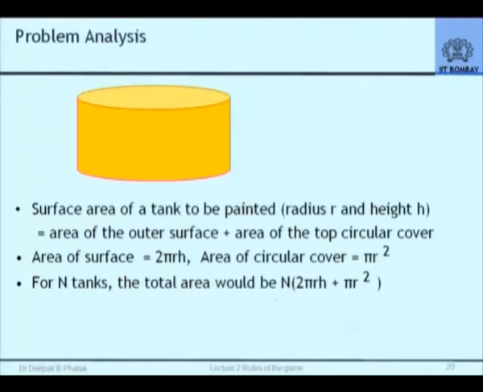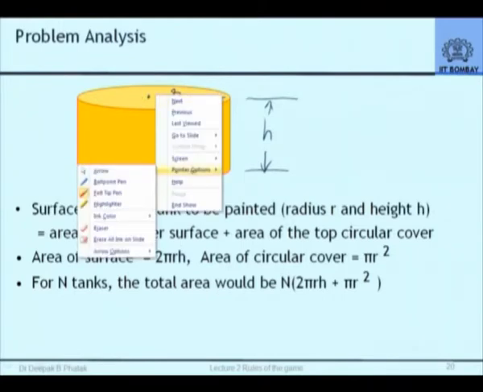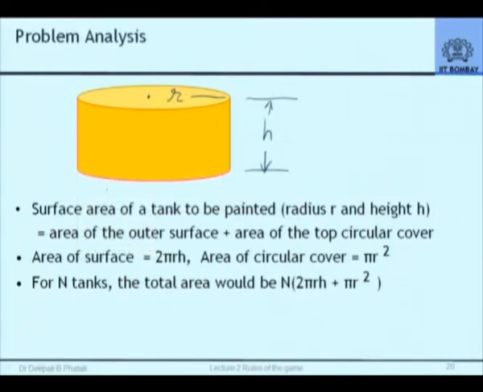You will say, I have a cylinder. I have many cylinders, but all are similar, so I will have one cylinder. Now, this cylinder has a height h. And this cylinder, the circular part, has a radius r. I now say that the area to be painted will consist of the entire cylindrical portion.